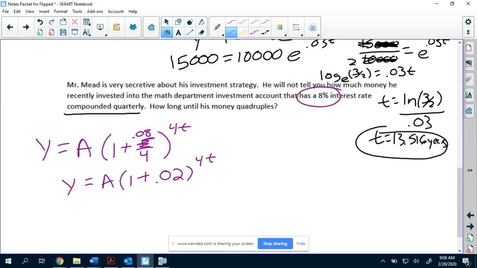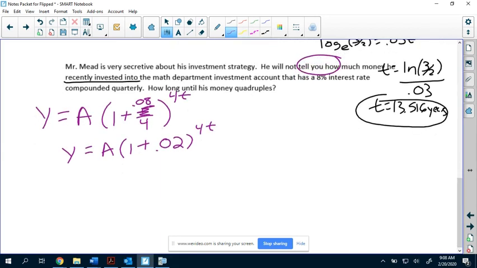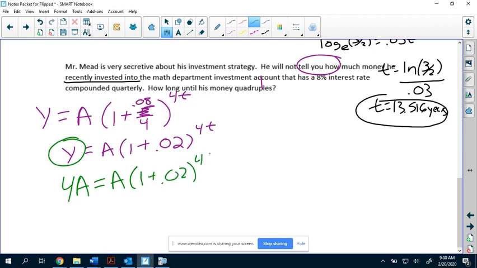Now, I don't know how much he invested, but I want to know how long it takes for him to quadruple it. So what's going to happen is that we can rewrite this Y value as 4A. It's quadruple, or 4 times the original amount. So we want to know how long it takes until I'm dividing by A on both sides.